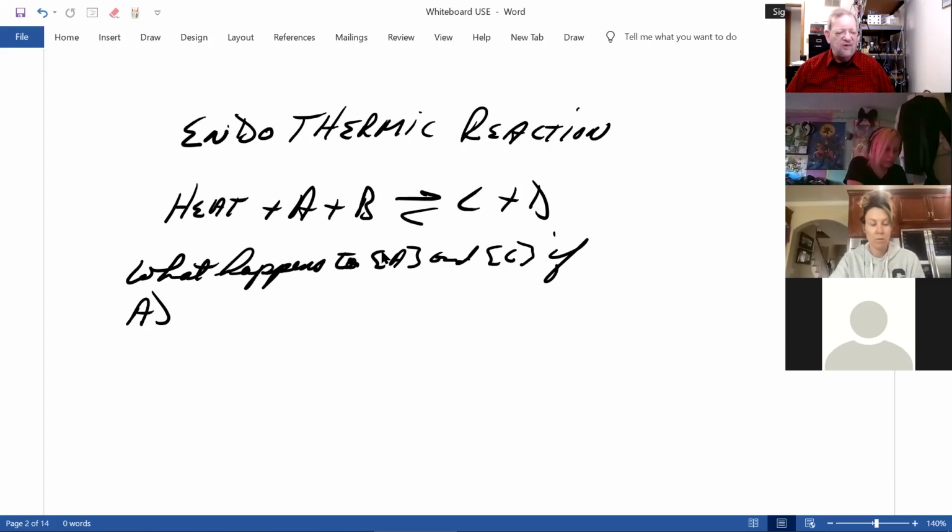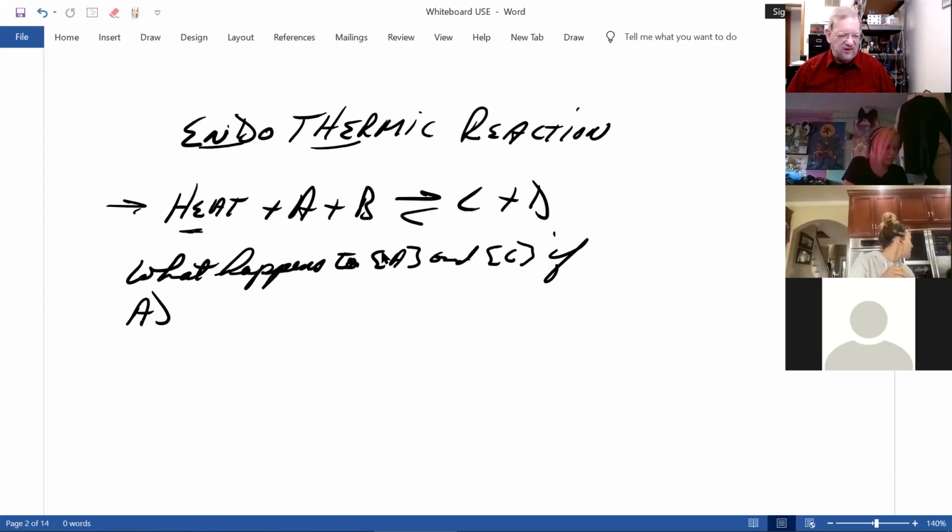All right, let's look at the following. This is an endothermic reaction. How do we know that? Because we're adding heat. Heat is on the left side. That tells us it's an endothermic reaction.